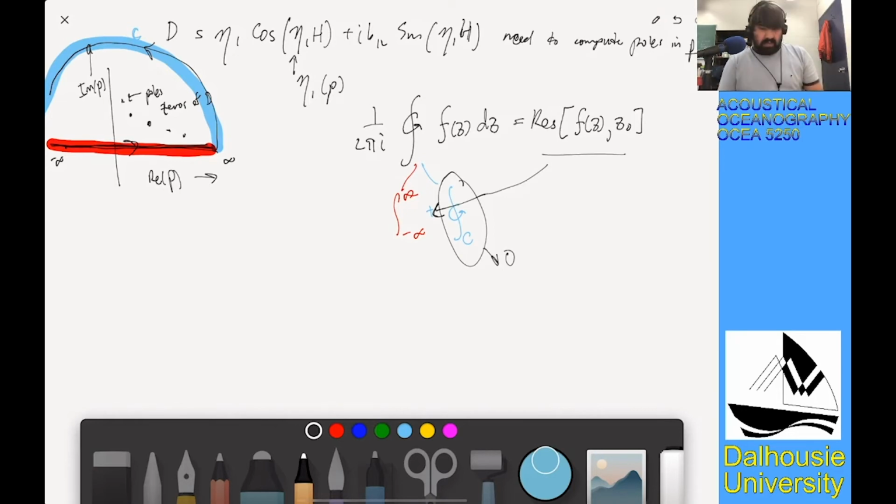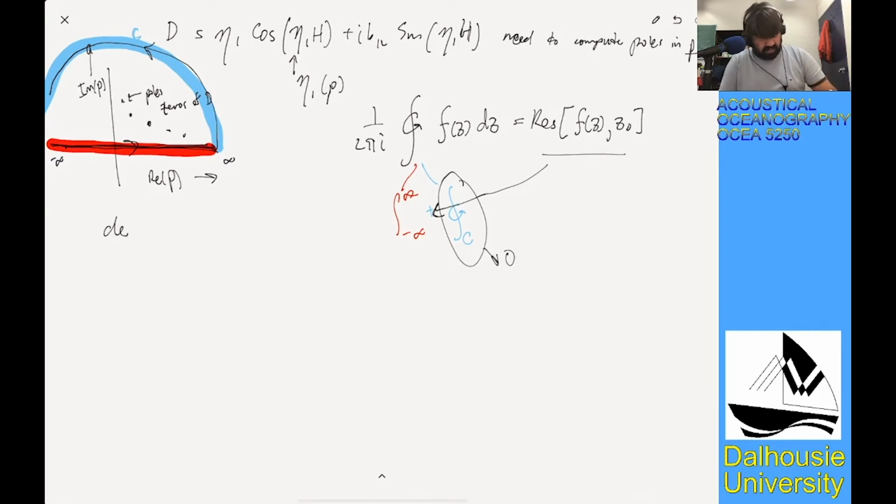Okay, so in general, then we can just say here quickly, and like I said, this might be a review for some of you, might be a little opportunity: pause the video, go do some Googling. The definition of the residue. So the residue of f at z naught is the limit as z goes to z naught of z minus z naught times f(z).